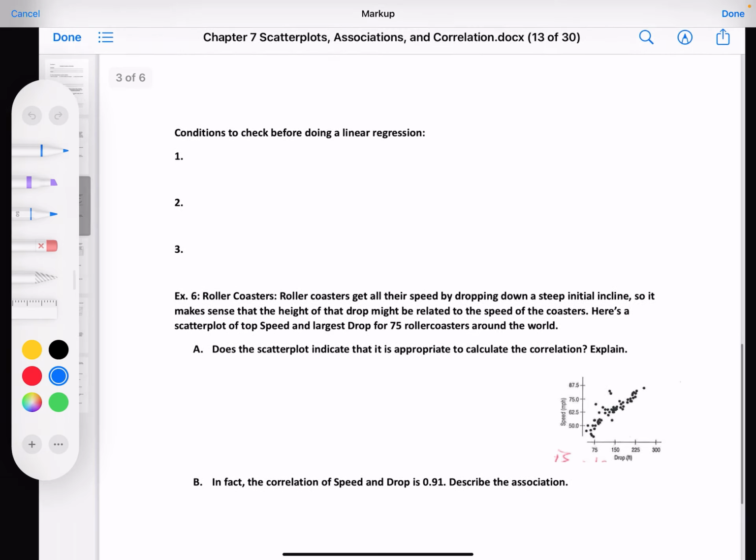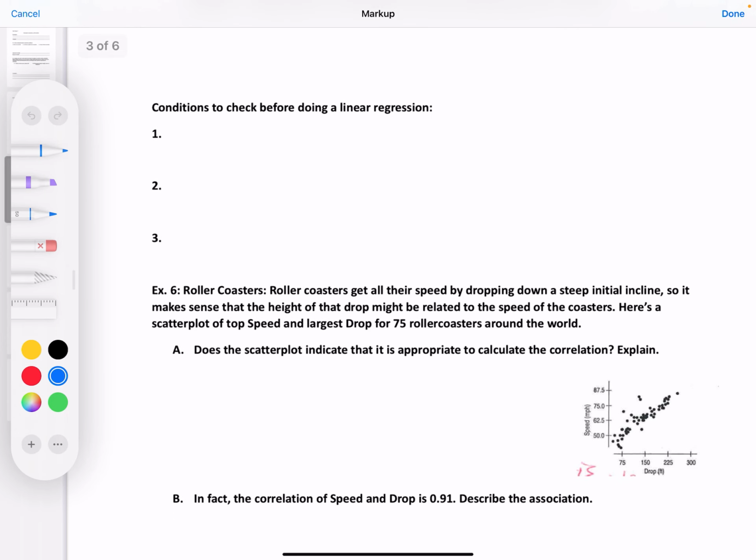All right. Conditions to check before doing a linear regression. We kind of mentioned those a minute ago, but variables must be quantitative. Scatterplot must be linear.